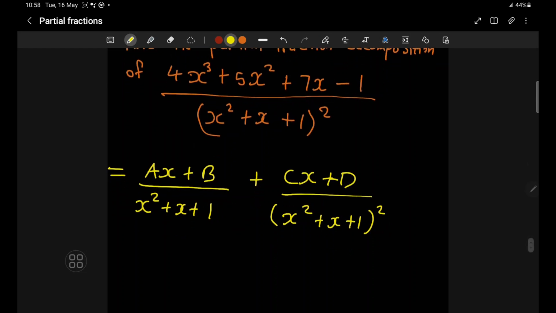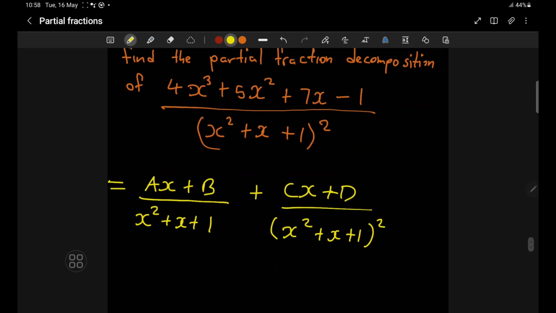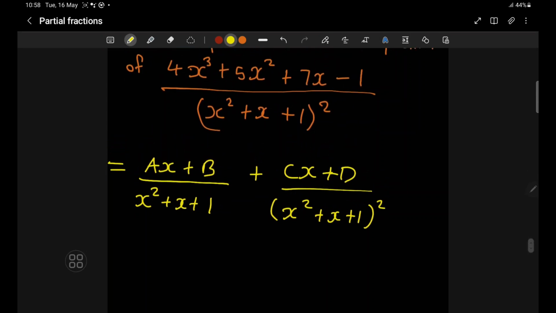And from here, having these two expressions, we're going to multiply them with the lowest common denominator. So we're going to multiply the whole expression with this denominator. So if we multiply with this denominator, the numerator will maintain. So we'll have 4.